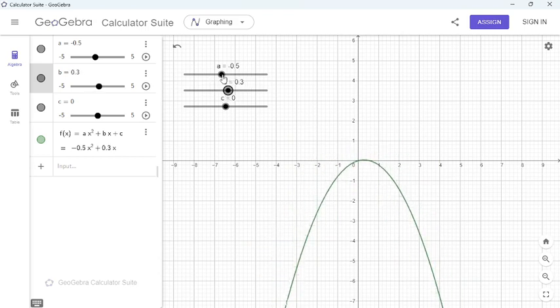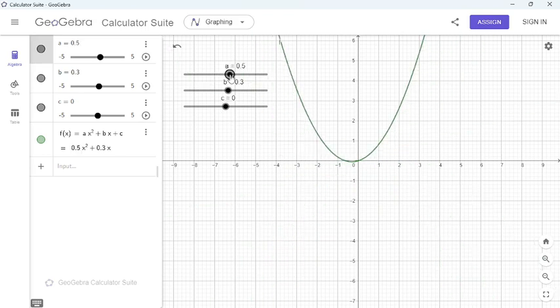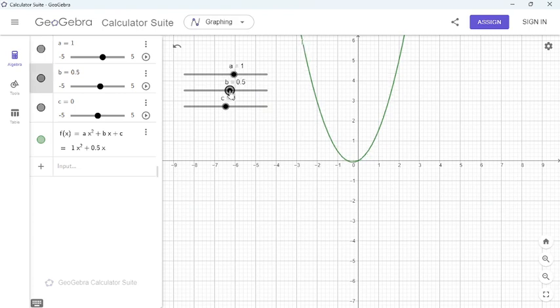Alright, let's put A back to positive 1. Then B, let's also make it positive 1, like this. Then now A and B are positive. Then of course, look, the turning point is on the negative x value.